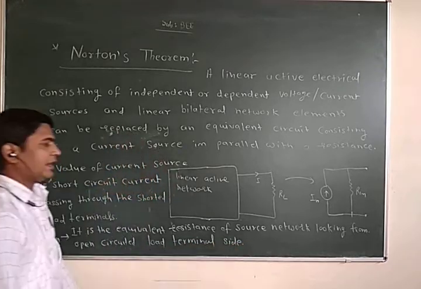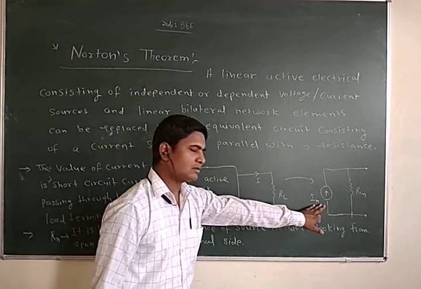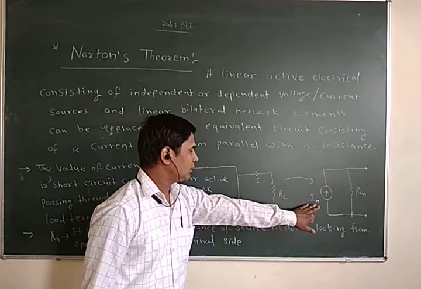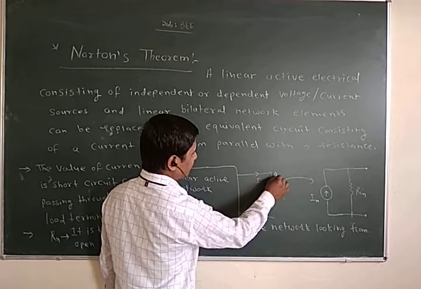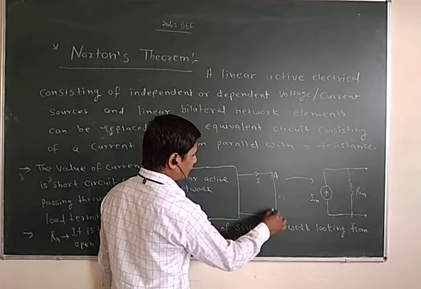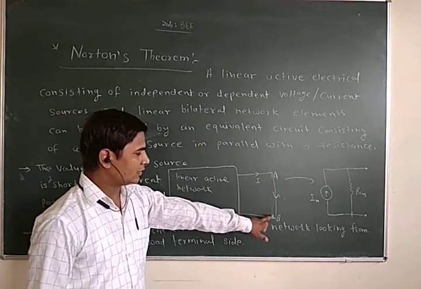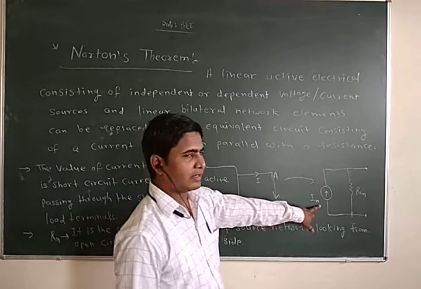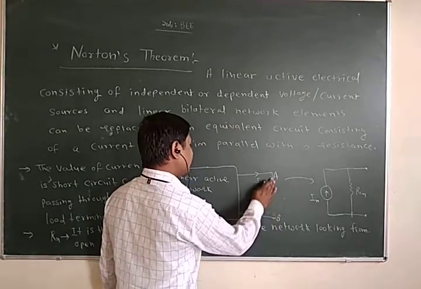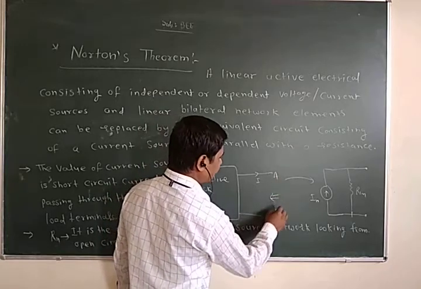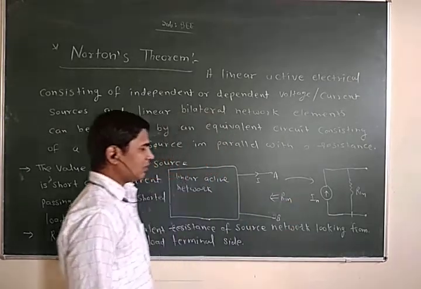It means the value of source IN can be obtained by shorting the load terminals. If these are the load terminals A and B, the current flowing through these shorted load terminals is known as Norton's current, and the resistance seen from the open circuit load terminal sides in the source network is known as Norton's equivalent resistance.